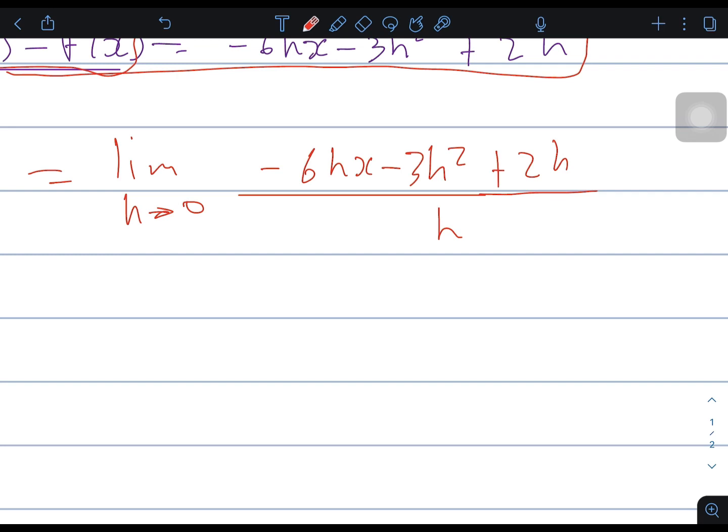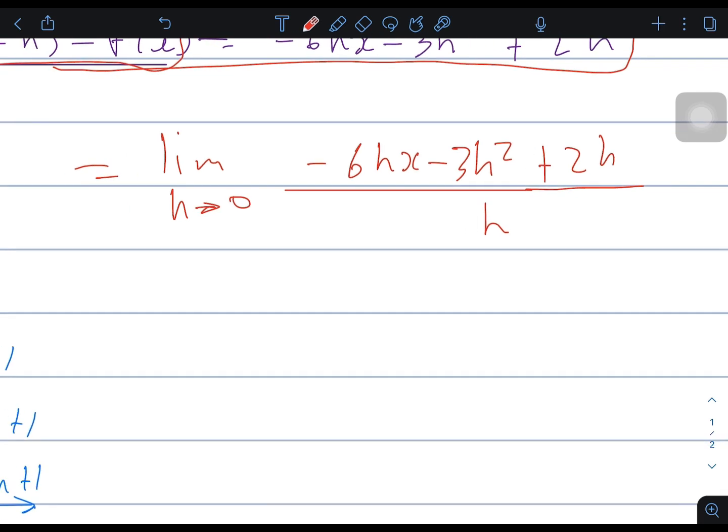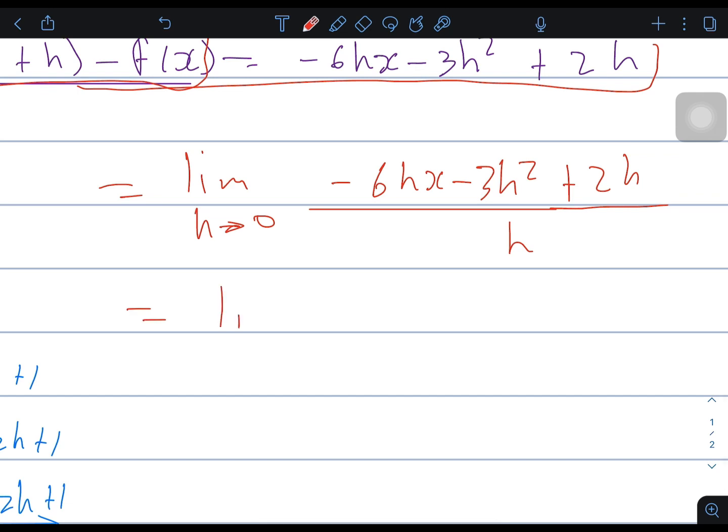Okay, this common factor is h. So let us take out that common factor.